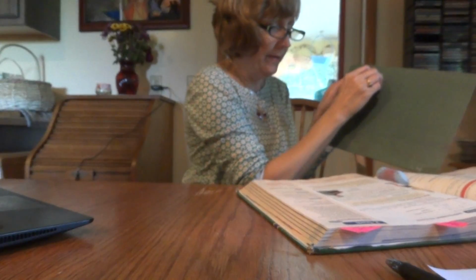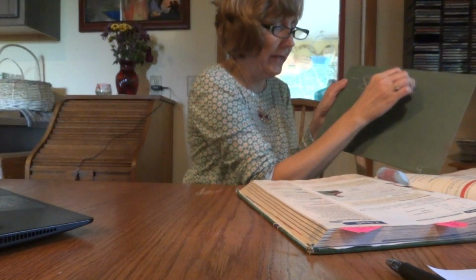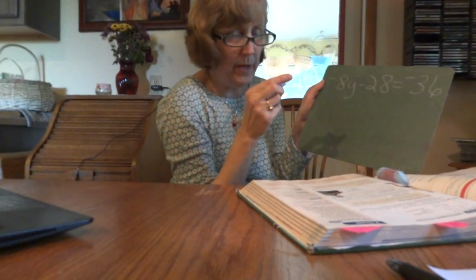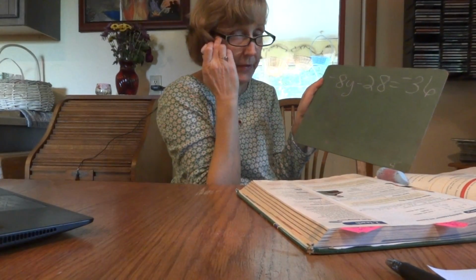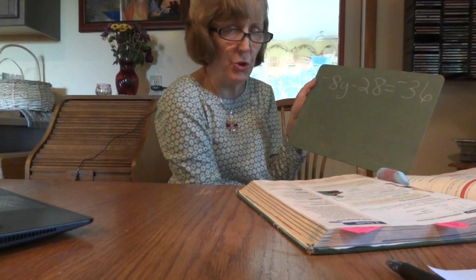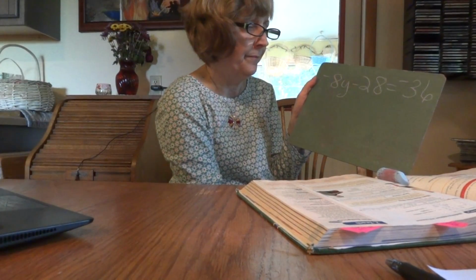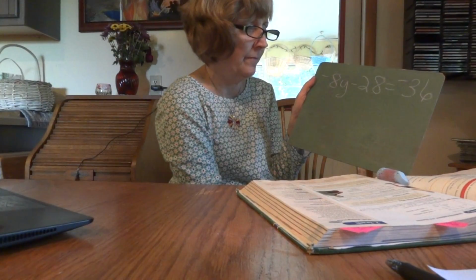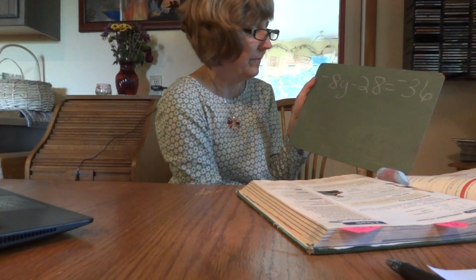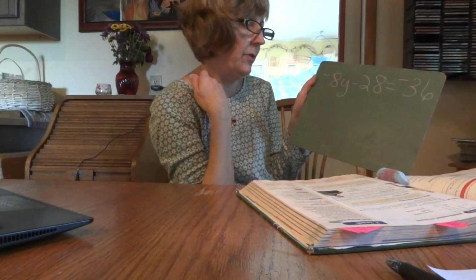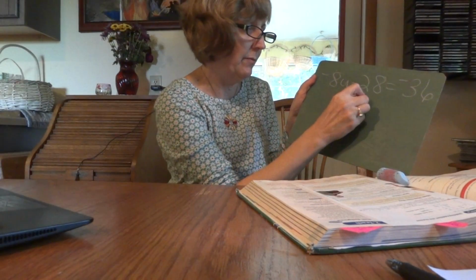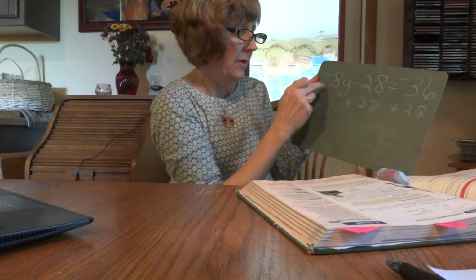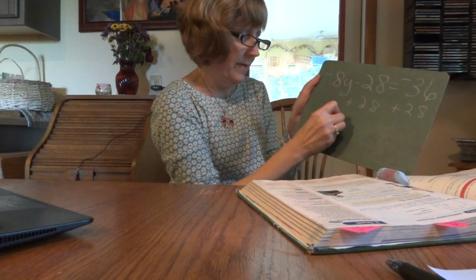Minus 8y minus 28 equals minus 36. I'm going to pause for a moment and let you try to solve it yourself. Ask yourself what you're doing first. All right, if you said that you add 28 to both sides, you were correct. You're left with negative 8y on this side.